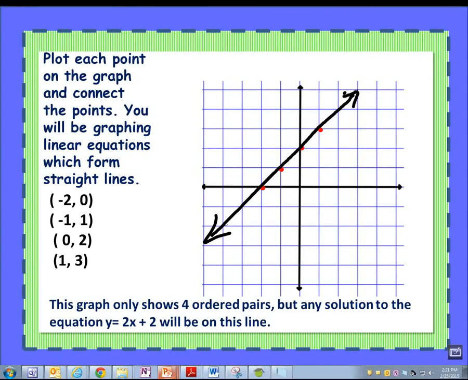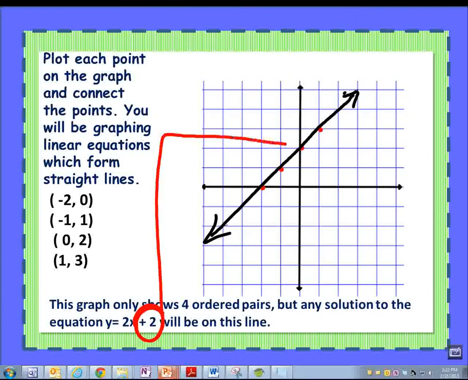Also, here's a secret pro tip to double check yourself. See this plus 2 here? Look where your line crosses the y-axis. Where? 2. Positive 2.